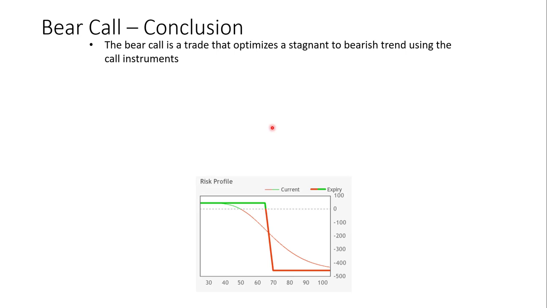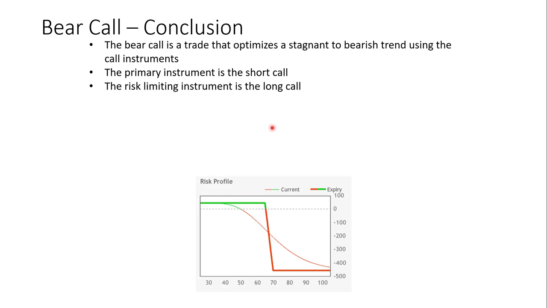The bear call is a trade that optimizes both a stagnant or bearish trend using the call options. Our primary instrument is the short call. We need to limit the risk because it's unlimited to the upside, so we have added a long call to the trade.